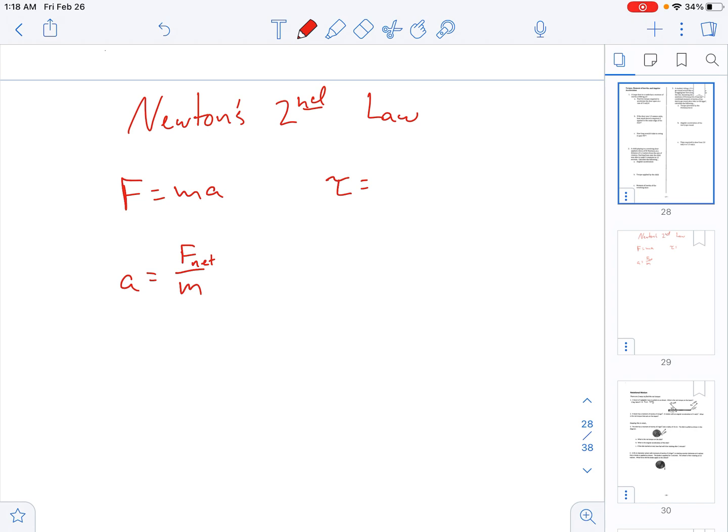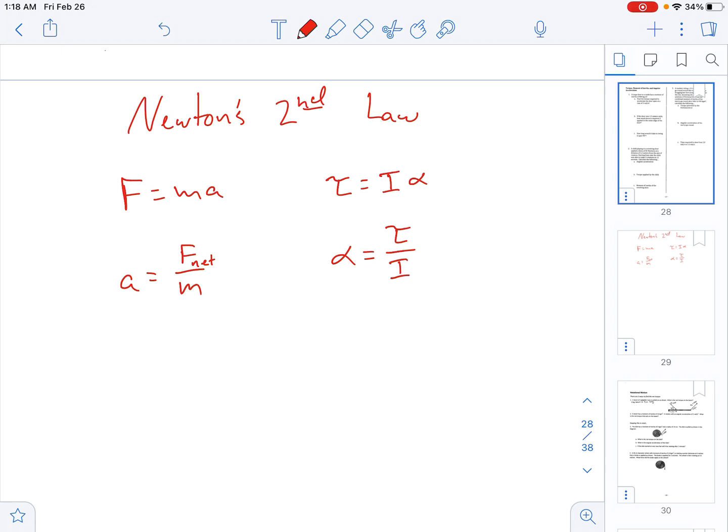So our rotational counterpart for mass is our rotational inertia, and our rotational counterpart for acceleration is alpha, meaning our new Newton's second law equation, as opposed to F is equal to ma, is now torque is equal to I alpha, or more properly written as alpha is equal to torque over rotational inertia.